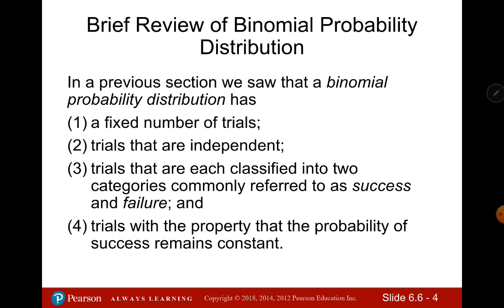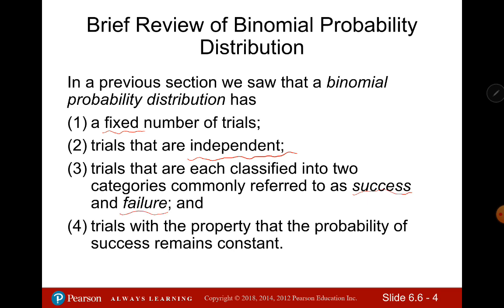Again, let's check what the binomial distribution is. Remember, we should have a fixed number of trials. The number of trials is not a variable, it's a fixed number. And all the trials should be independent of each other. These are the requirements for the binomial distribution. We only have two possible categories for the results: success and failure.